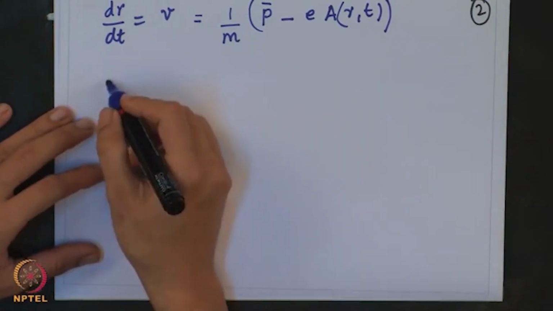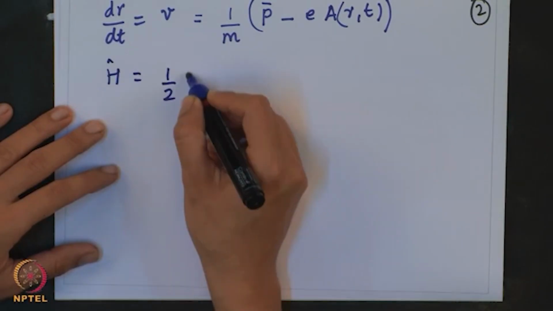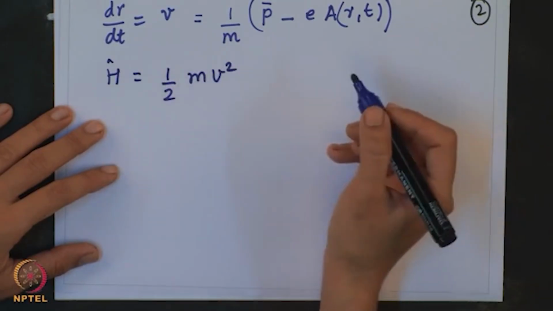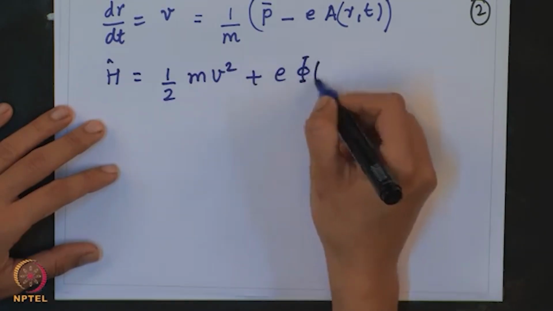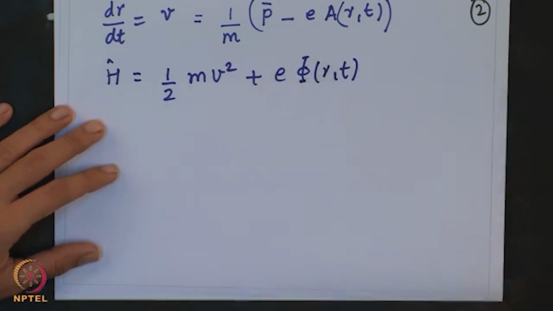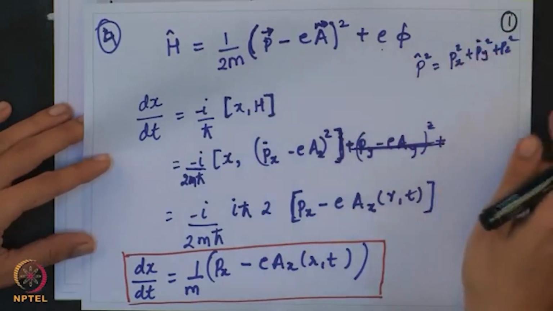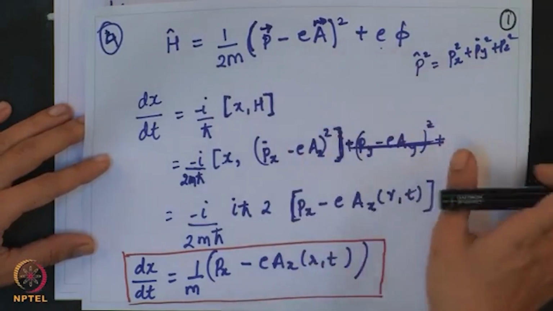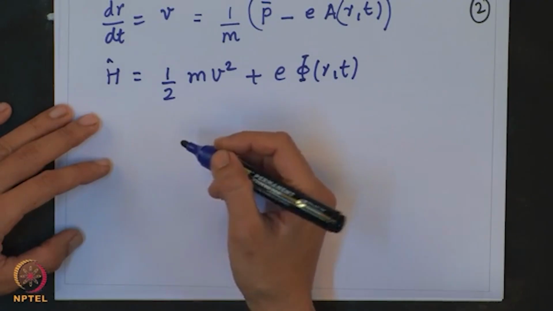I can rewrite the Hamiltonian operator as half m v square plus this term, which will remain unaltered. This is also a function of r and t, which I have not written here, but it means that it is a function of r and t. Here also it is a function of r and t, the space and time coordinates.